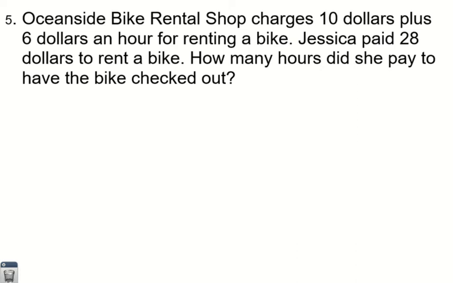And so what is unknown? The variable is what is unknown. And as usual, what's unknown is what they're asking you to find out, which is how many hours. So let's say H is the number of hours for Jessica.